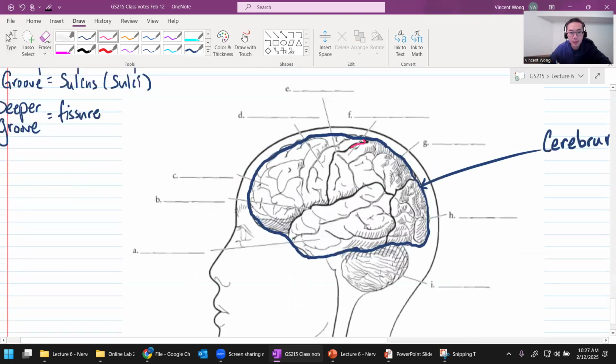So over here, let's outline these things first. Over here we have the lobe at the front. That's C. It is called the frontal lobe. And the frontal lobe is responsible for basically human stuff, right? Things that make us unique as human beings.